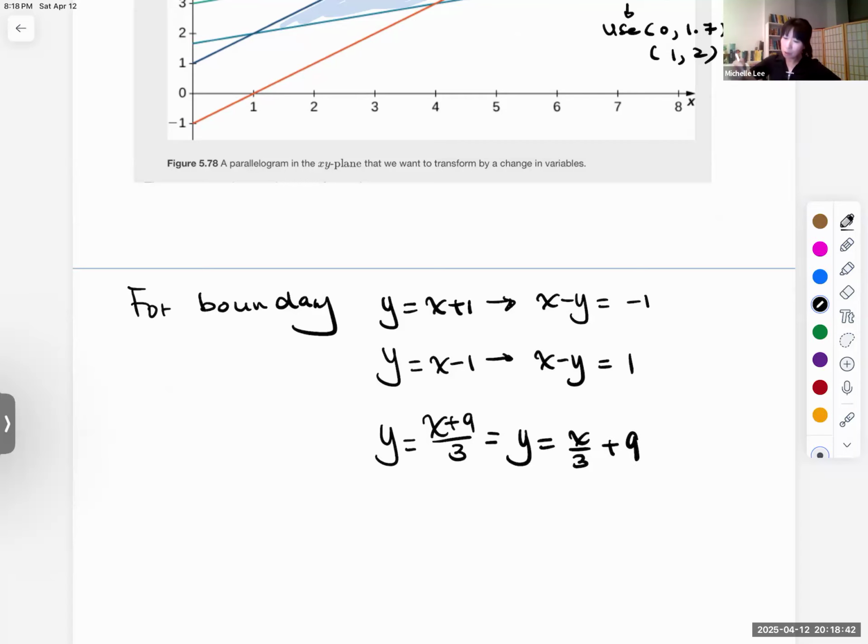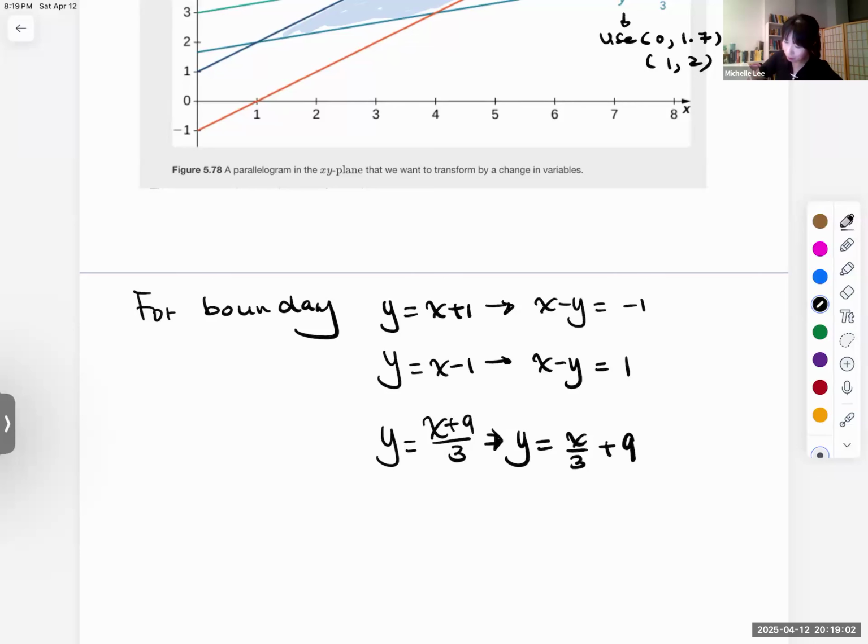So we want to make this xy form, like earlier. x is there, y is moving, 9 is moving to the other side, right? So there will be x over 3 minus y equal to negative 9 then.